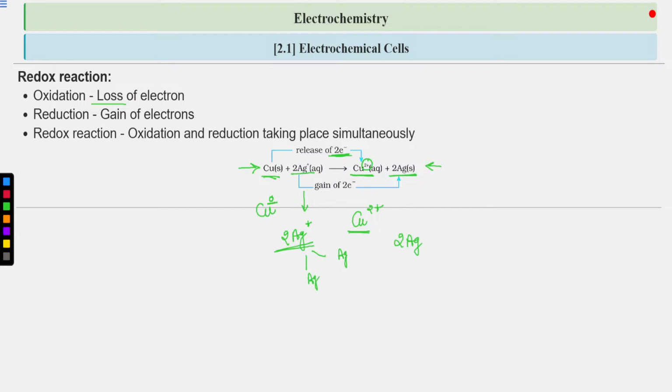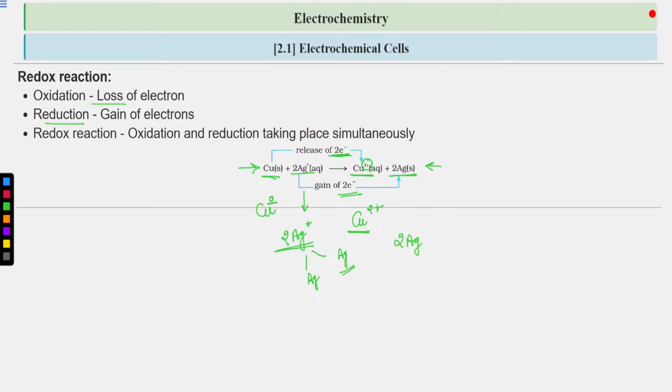Each Ag plus ion is gaining one electron to convert into Ag in the neutral form, right? So totally the gain of two electrons is happening in this process, and the gain of electrons refers to the reduction process. That means reduction is happening here in this reaction.